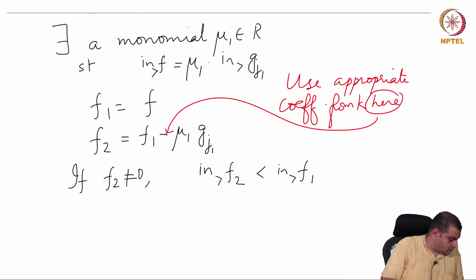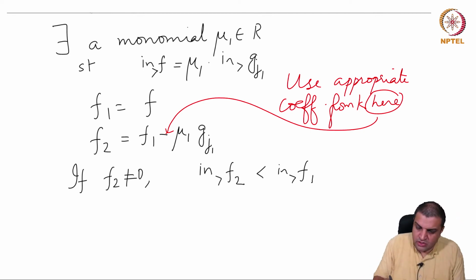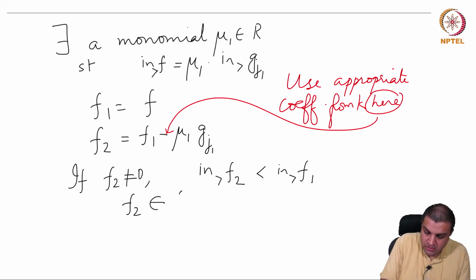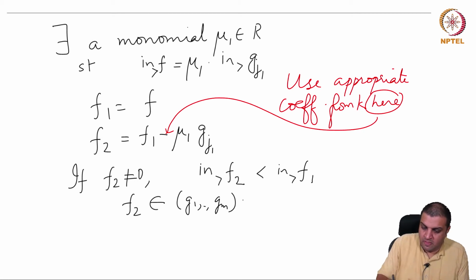So we get this. If F2 is inside the ideal generated by the G's, that will now imply that F, which is F1, is also in the ideal generated by the G's.